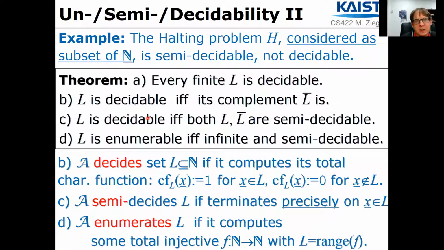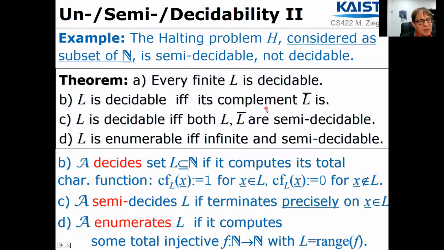So here's the first idea. First idea is to simulate the first algorithm A on the given input. If the algorithm A eventually terminates, then we know that the input belongs to the set L, and we can safely terminate our computation of L, which uses that hypothetical algorithm A. But if the hypothetical algorithm A does not terminate, because the input does not belong to L, then we might try to execute the second algorithm B, which semi-decides L prime, and proceed in the very same way.